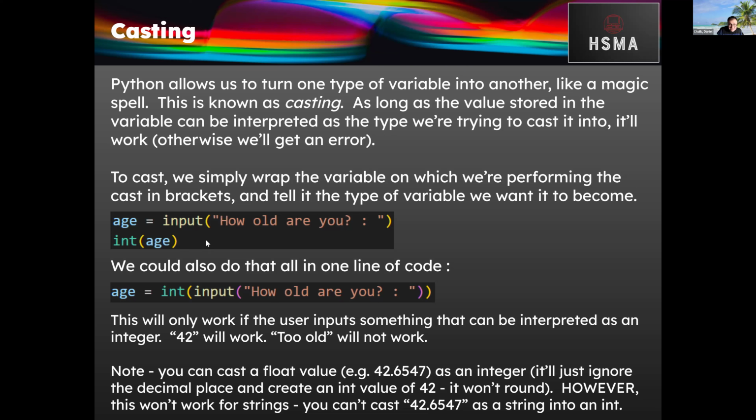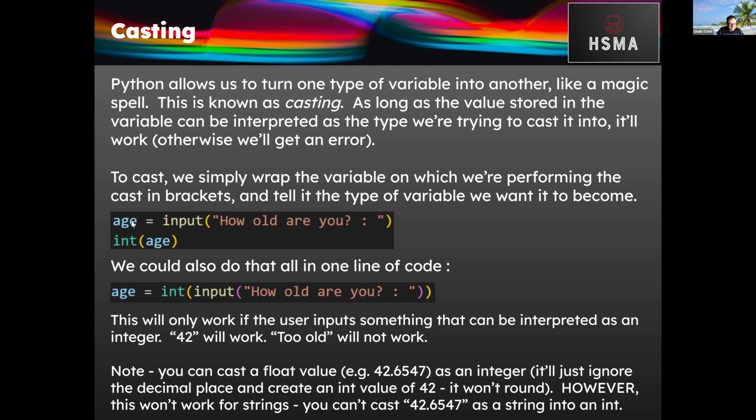Now, to cast a variable into a different type is really easy. All we do is give the name of the type we want to turn it into, then open our brackets and put in the name of the variable we are trying to perform the spell on.